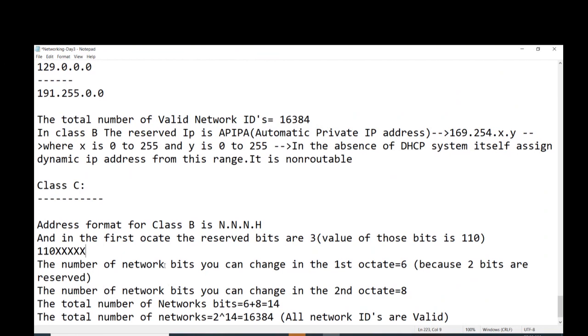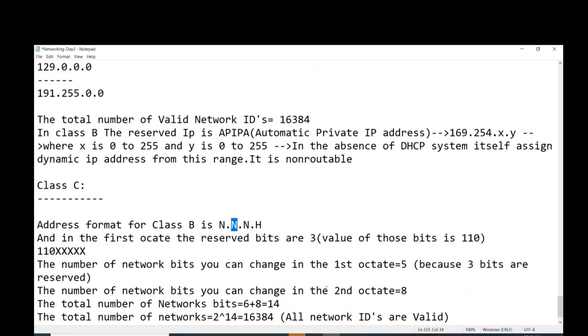The number of network bits you can change in the first octet: how many bits can you change? 5, because 3 bits are reserved. The number of network bits you can change in the second octet: 8.